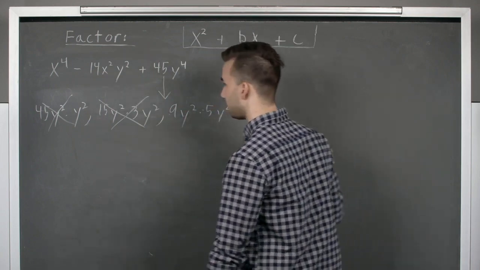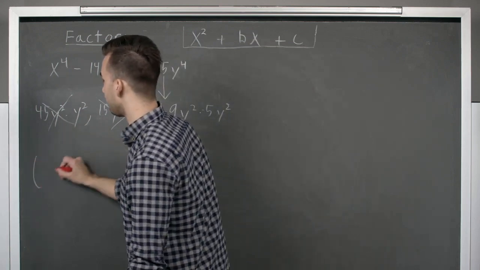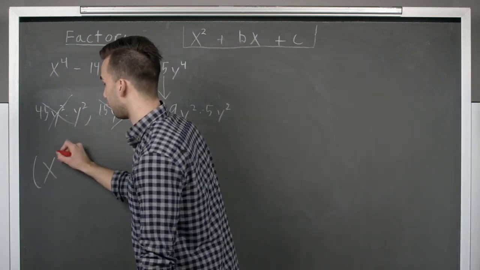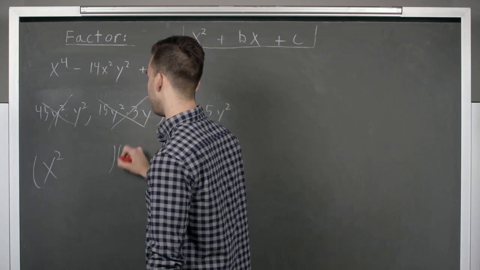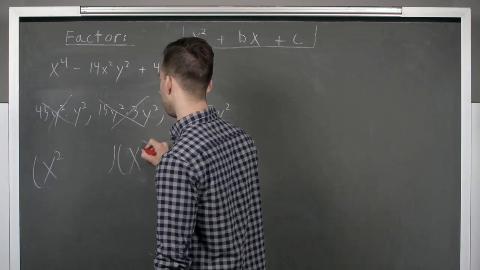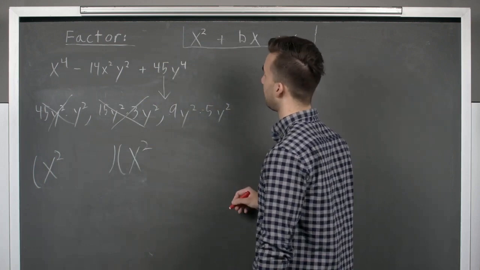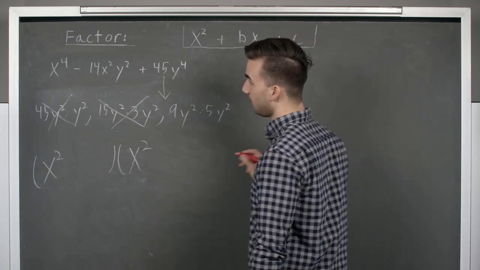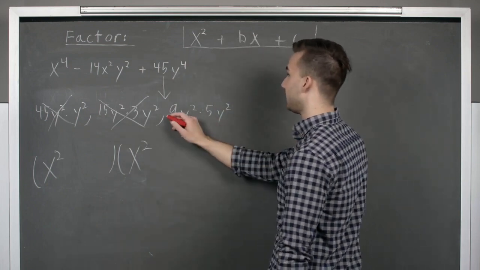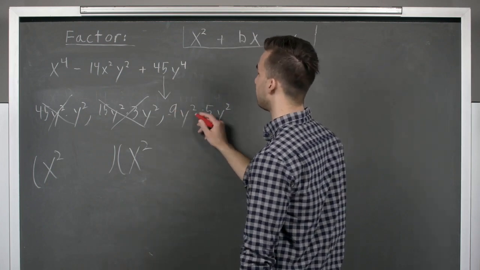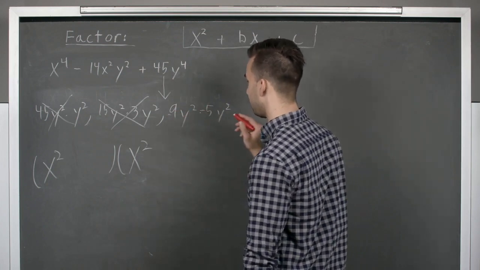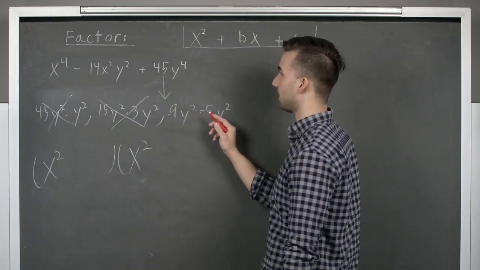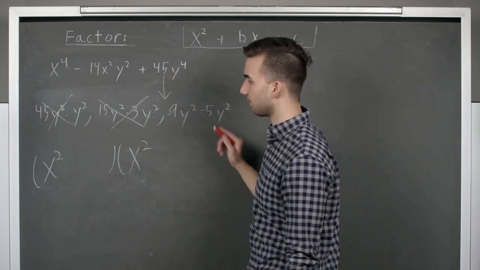So let's go ahead and write this in factored form. Remember, what is our x? It's just x squared. So when we write it in factored form, we just have to write the x squared instead of x, because our normal x is x squared. And let's write our factors here, and we know they're both 9 and 5 negative, because negative 9 plus negative 5 is negative 14, and negative 9 times negative 5 is positive 45.